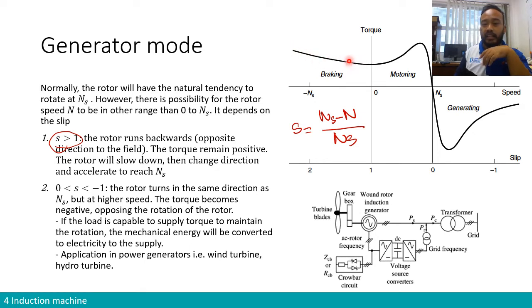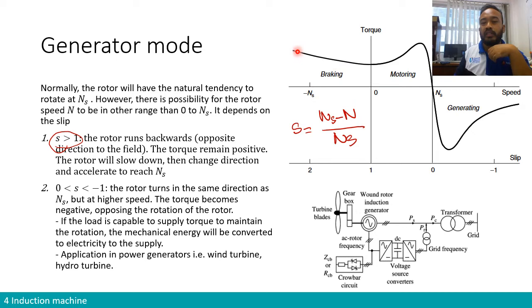You can see that the torque is increasing, right? It is going to continuously increase because the slip is very large. So if you stop the force that's moving the rotor in the opposite direction, the torque will bring the machine back in this direction, and then it goes back to synchronous speed. So that's what happens in this area.